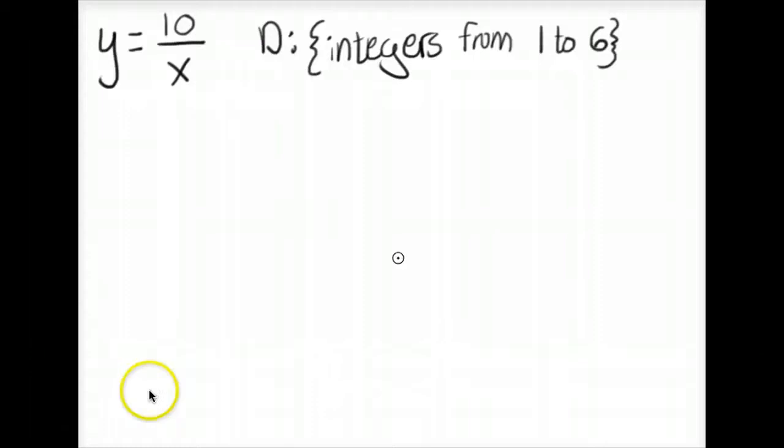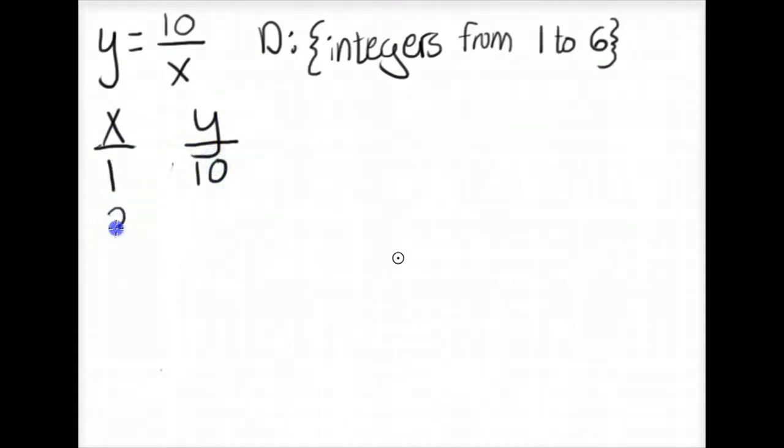So for this function, we're going to plot this graph within the indicated domain. So the domain here is integers from 1 to 6, and we're going to say that's inclusive. So to start, we're going to make a table of x and y. So we're going to have x here and y over here. So we want integers from 1 to 6. If we plug in 1, we get 10.